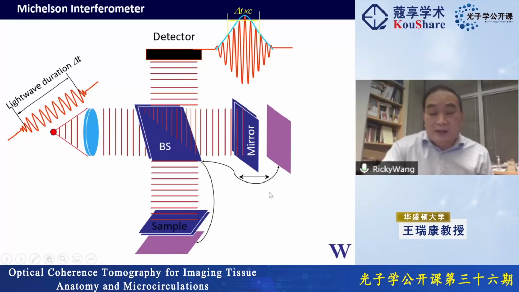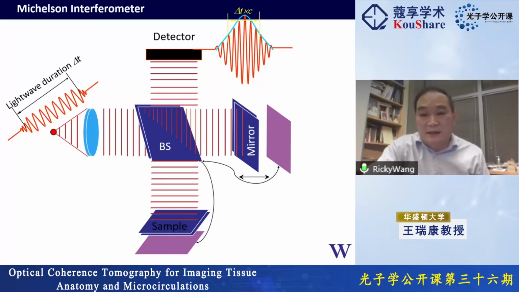right? And so if you sweep your mirror once, you will get one trace in terms of timing at your detector of the mixing signal. And this trace we call a depth resolved signal, right? In that case, as you sweep this mirror, you will see depth information in your sample, right?